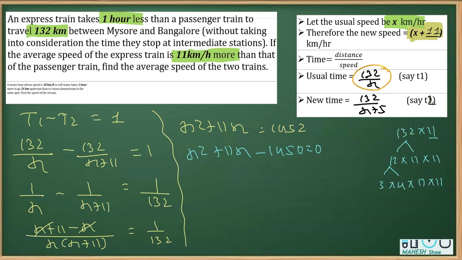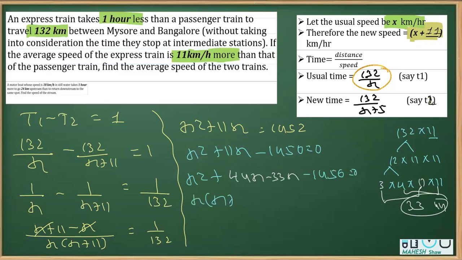If I club this 3 and 11, I'm getting 33, and 44 from the other. So 44 minus 33 is 11. I'll use middle term splitting: 11x can be written as 44x minus 33x, and then minus 1452 equals 0.